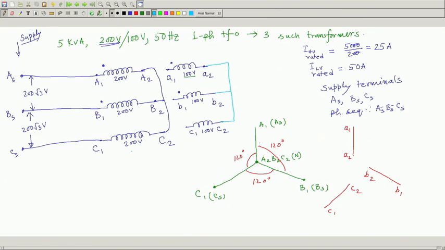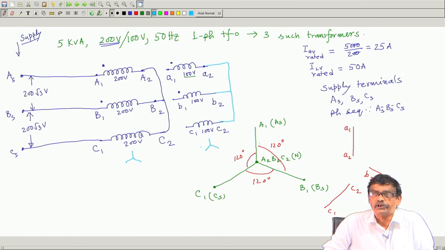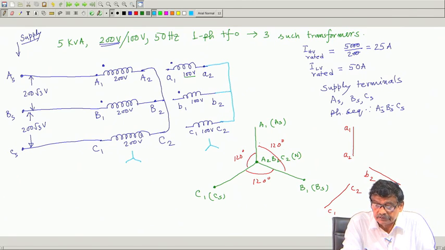So, this is a star connection, and the secondary also becomes star connected. And the moment A2, B2, C2 are shorted, I have forced these 3 terminals to be at equipotential. Their potentials cannot be different if they are connected by a piece of wire like this.